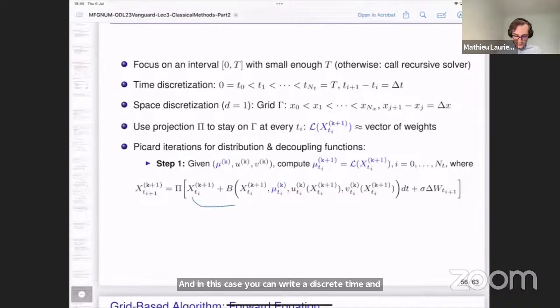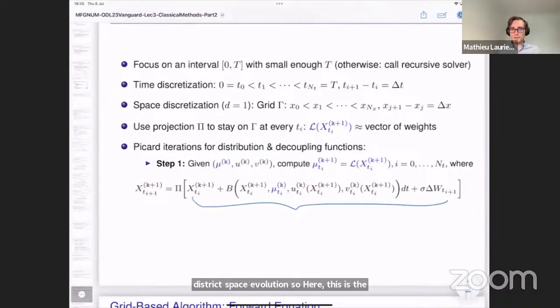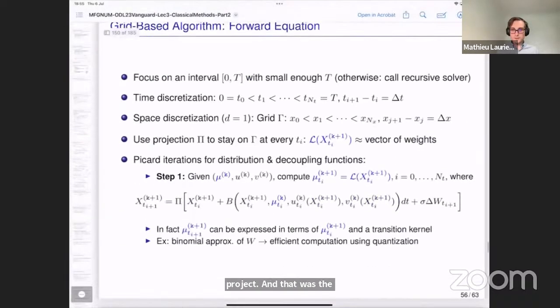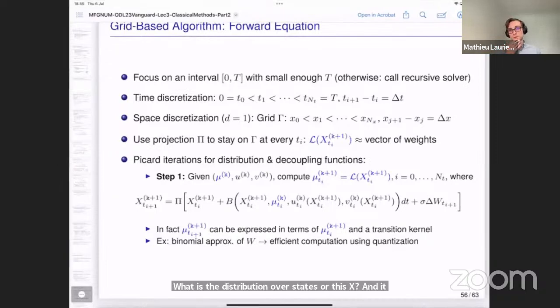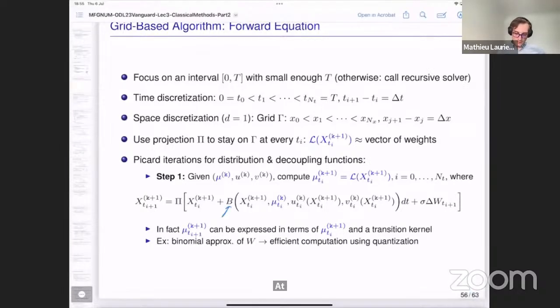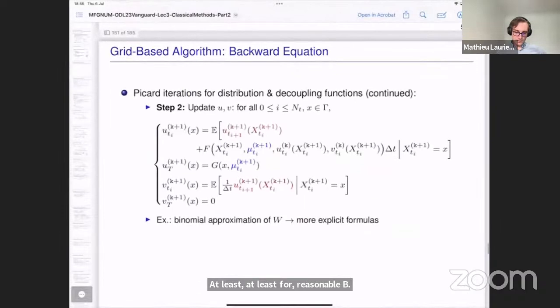So here, this is the candidate for x t i plus 1, but this candidate might be outside of the grid, so you project. And now the question is, what is the distribution over states for this x? It is something that you can express using a transition kernel, and you can get an expression of mu at time t i plus 1. At least for reasonable b in the examples.